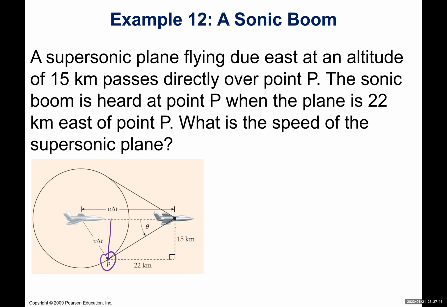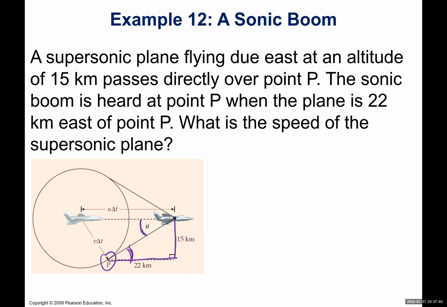We're also told that you hear the sound when the plane travels 22 kilometers east from that point, which we can represent as a triangle like this. And angle theta can be calculated using the values of the distances that we're given.